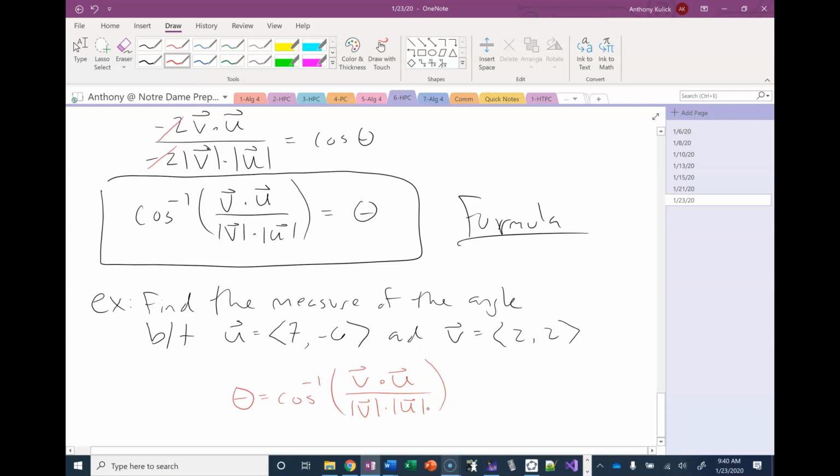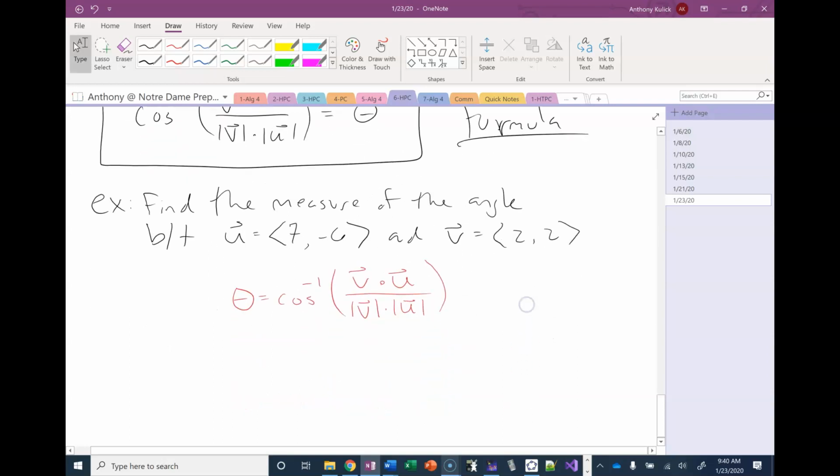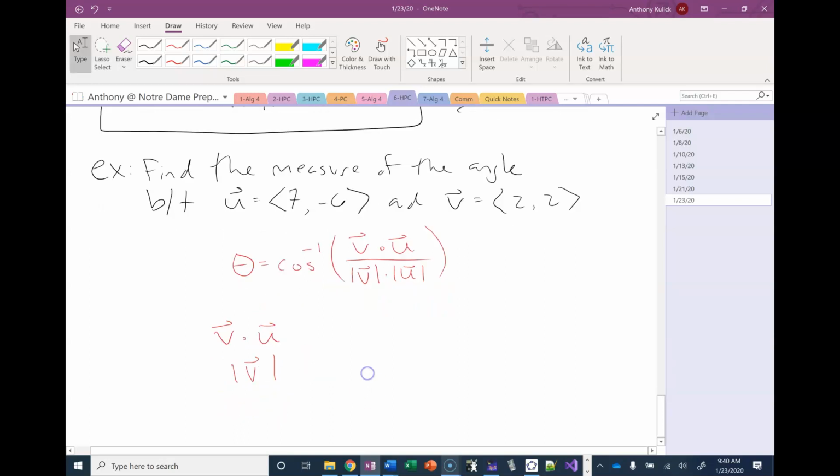So we're going to use this formula we just developed, right? So to use this formula, I need three things. I need v dot u, I need the magnitude of v, and I need the magnitude of u, right?